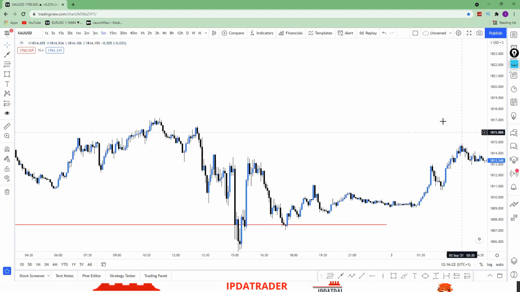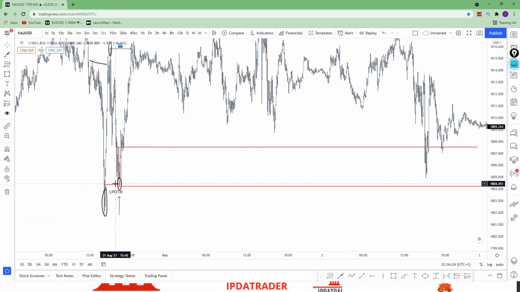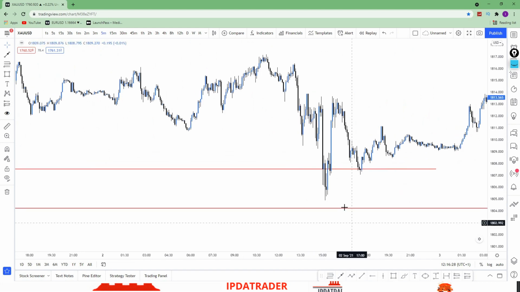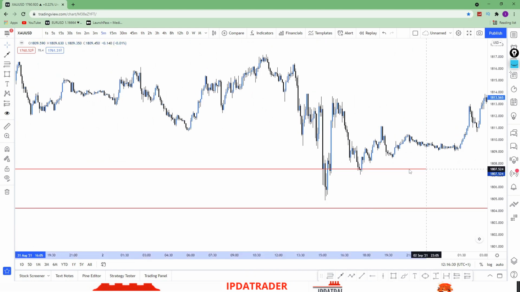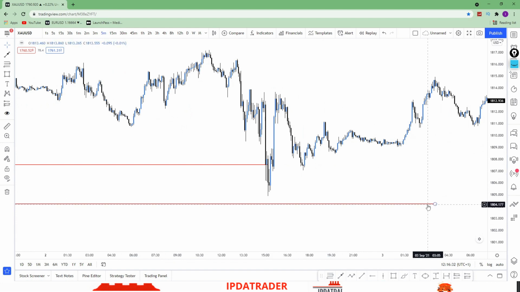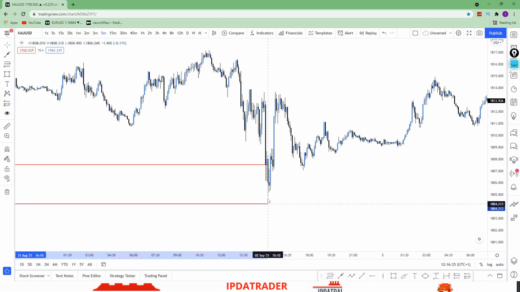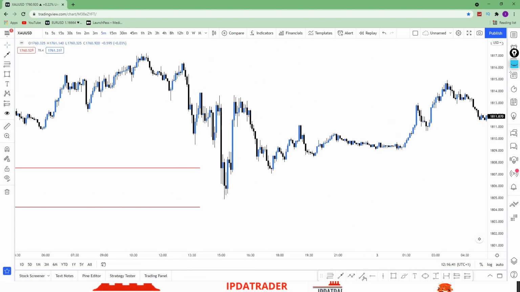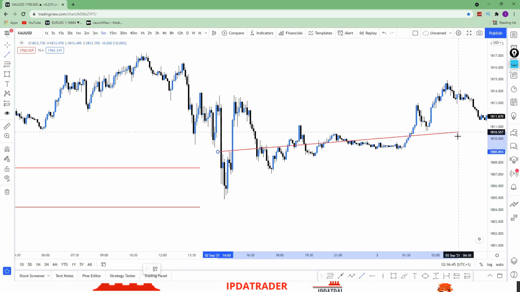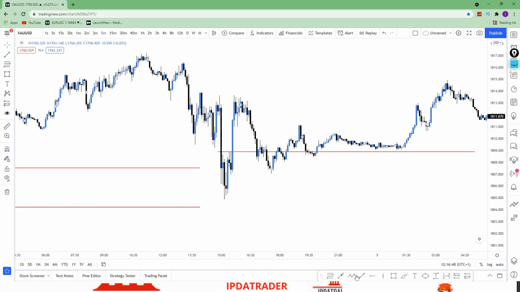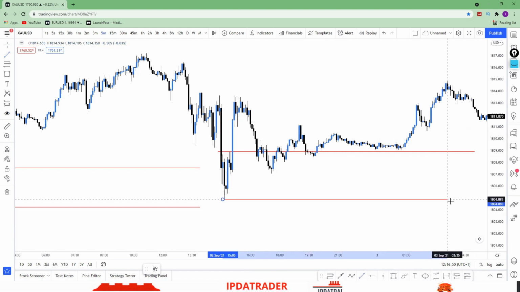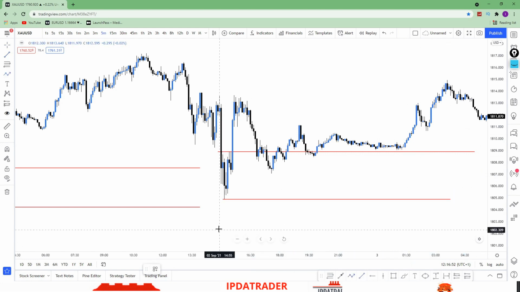We can safely say that this was the last point of true mitigation, so we drag it across, and now that we've mitigated again, we can update this, right? As I was telling you before, this was our previous last point of true mitigation, right? We can maybe put it back over here, and now we can say that this entire block right here, from the wick's high to the wick's low, is your new last point of true mitigation, right?